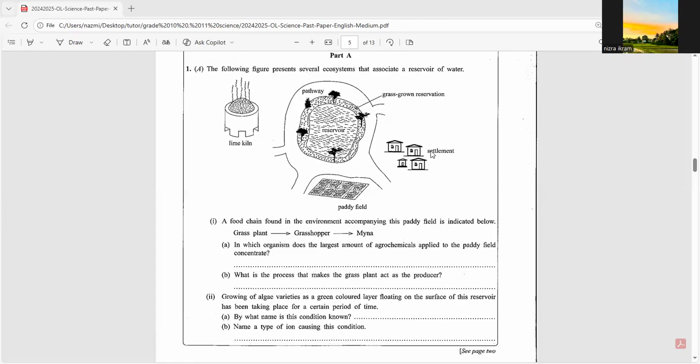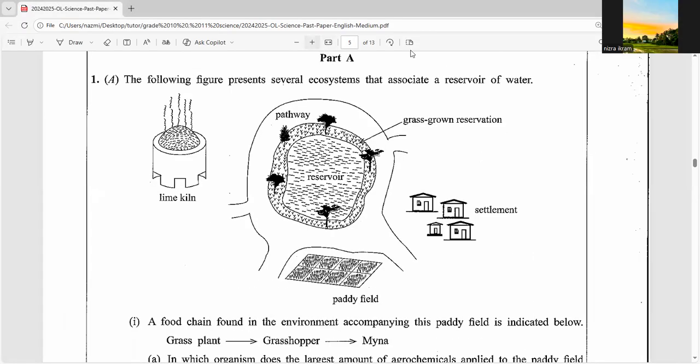Yes. Finish? Yes. Okay. The following figure represents several ecosystems that associate a reservoir of water.